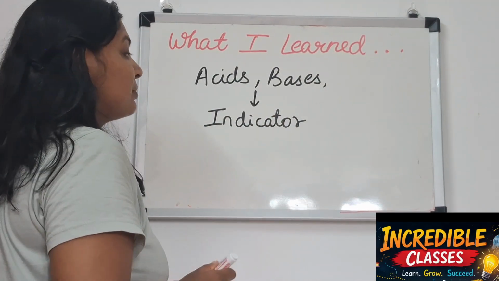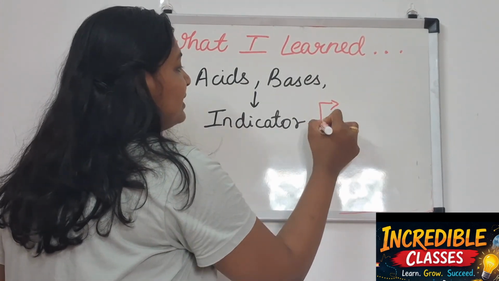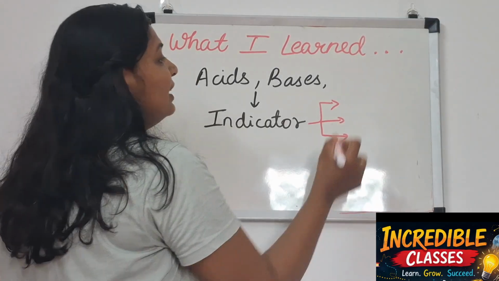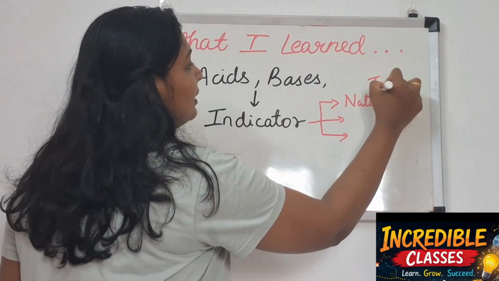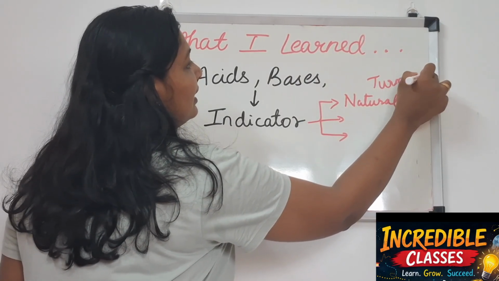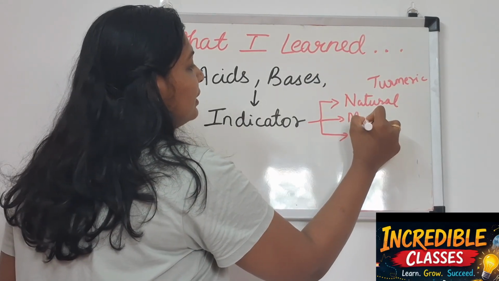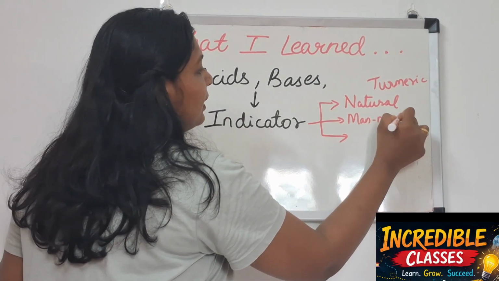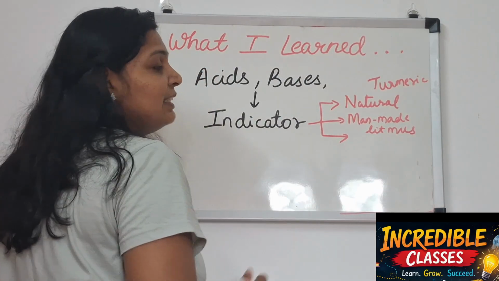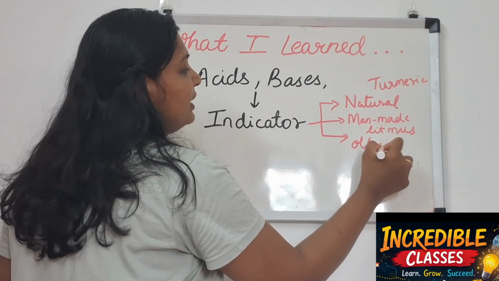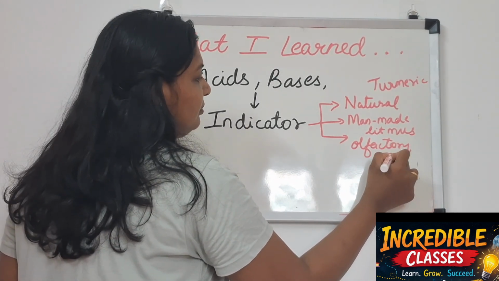If the substance is an acid or base, we can use indicators, and indicators are of three types as in our chapter. That is natural indicator, for example turmeric. Turmeric changes color in base. Second, we have man-made, that is litmus paper. Then we have discussed olfactory indicator, and the example was onions.